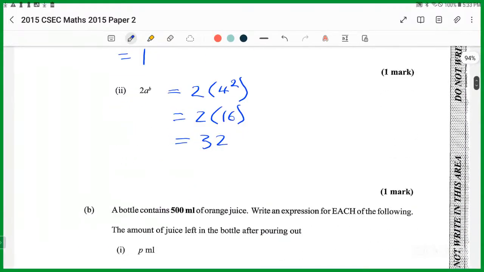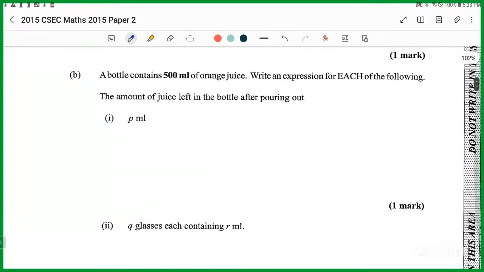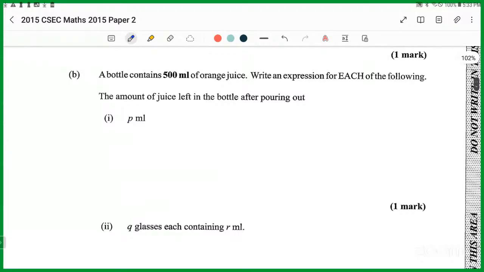Alright, let's continue. So here it says, a bottle contains 500 ml of juice. Just think of this reasonably, rationally, right? It's not complicated. Write an expression for each of the following. The amount of juice left means you take out some amount. You want the amount left.